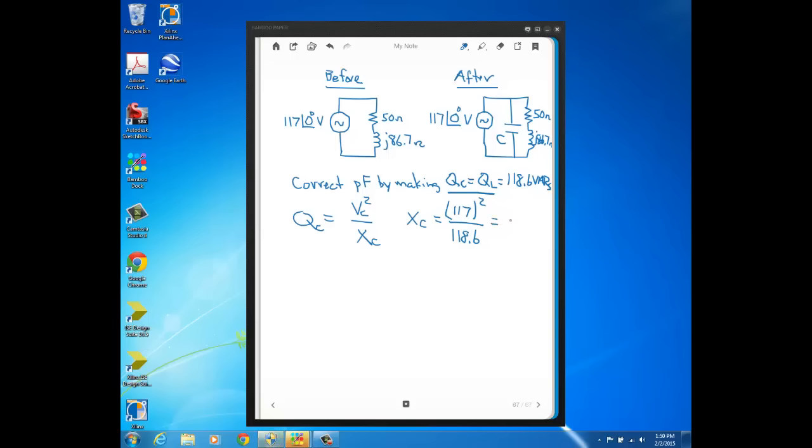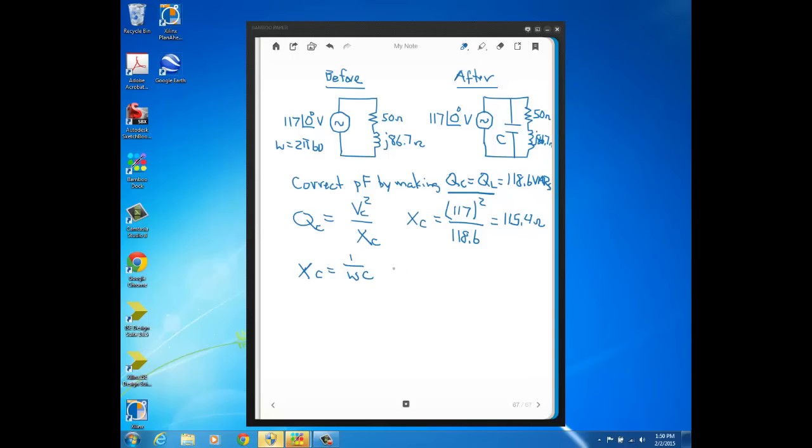Okay, that comes out to a reactance of 115.4 ohms. And we know that the reactance of a capacitor, XC, is just equal to 1 over omega C. Also, I forgot to write it here, but it's in the previous video, that our source frequency is just, in radians per second, 2 pi times 60.